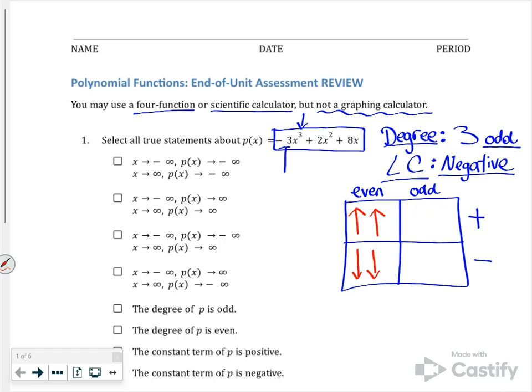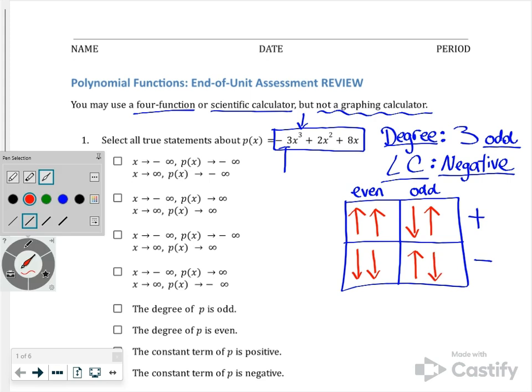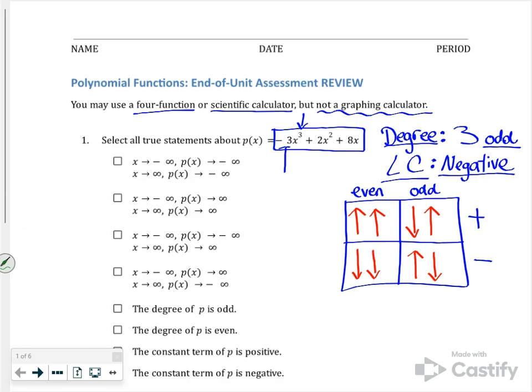The odd ones are going to be opposite directions. Whenever something has a positive leading coefficient and it's odd, the arrow pattern starts with down, up. If the leading coefficient is negative, it starts with up and down. So what you should notice is that this version, odd and negative, is right here.